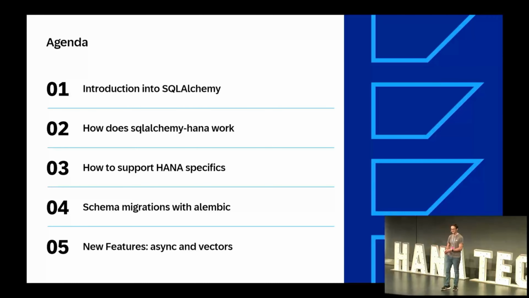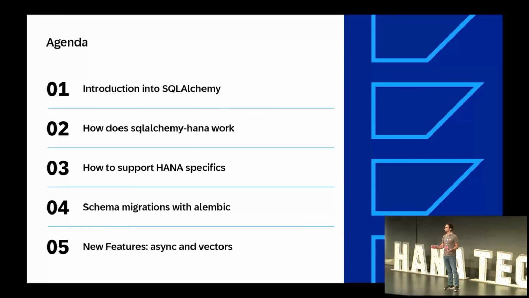First, the agenda. First, I will briefly introduce SQL Alchemy. That was the good point, that not everybody raised their hand, so this slide is not missed. Then I will tell you a little bit how SQL Alchemy-hana works internally. Then how SQL Alchemy-hana supports SAP HANA specifics and quirks. Then a little bit about schema migrations with Alembic.